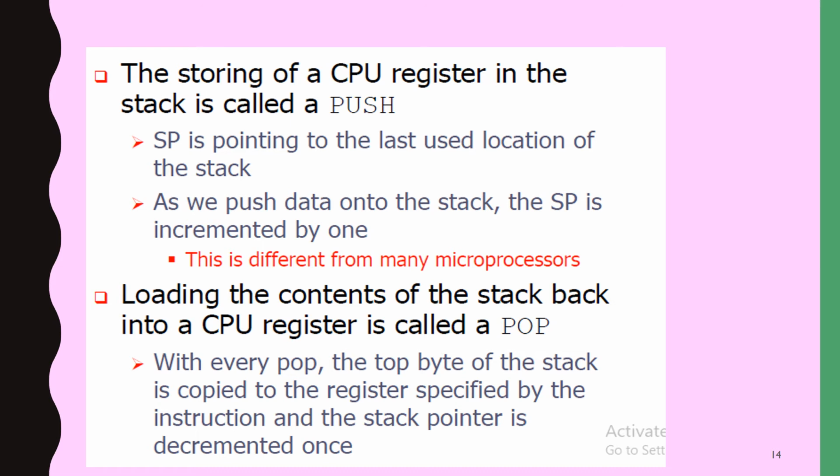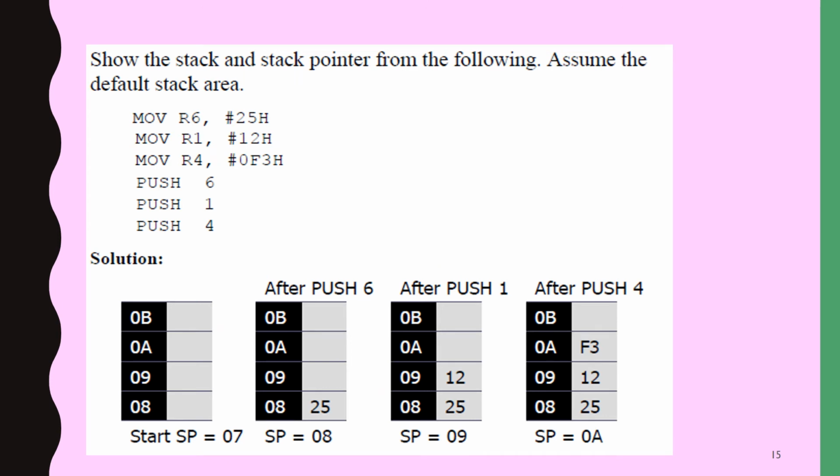Loading the contents of the stack back into a CPU register is called a pop. With every pop, the top byte of the stack is copied to the register specified by the instruction, and the stack pointer is decremented by 1. Here is a small example you can see.